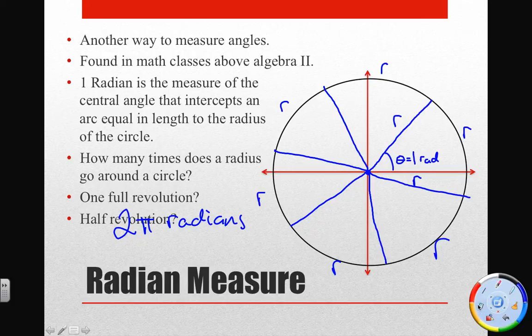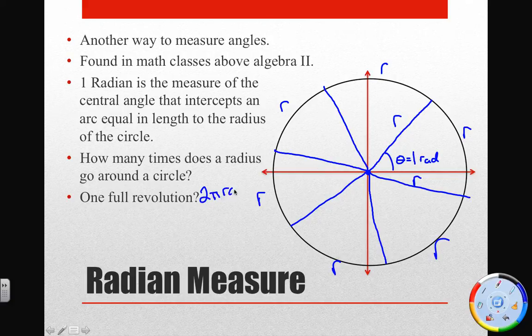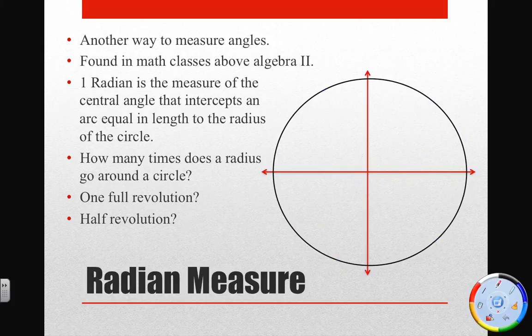Oops, sorry, I forgot that I had that there. Let's go back just a little bit, erase this. So one full revolution is 2 pi radians, and half a revolution, that would just mean pi radians. Okay, so keep that in mind here as we move forward.